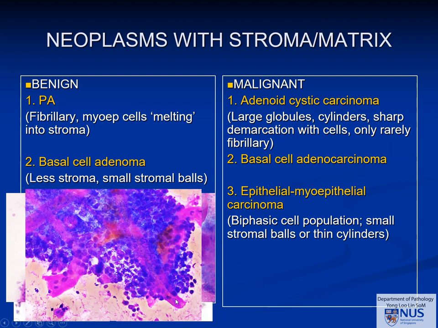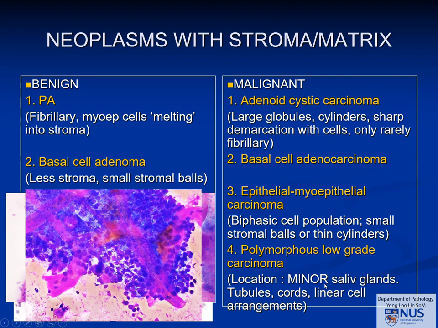It can be in the form of small branching cylinders or small stromal balls. And if you're lucky enough, you may actually see a biphasic population of epithelial cells and myoepithelial cells, which may appear clear or spindled or sometimes plasmacytoid. And polymorphous low-grade carcinoma or polymorphous adenocarcinoma. I think the most helpful feature is its location in minor salivary glands and also its myriad architectural patterns.